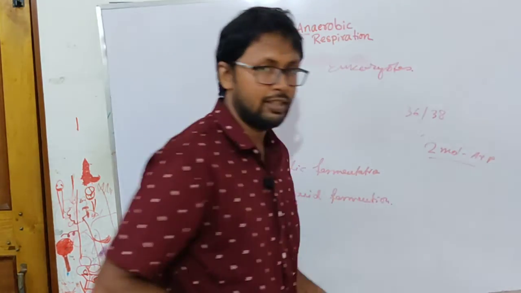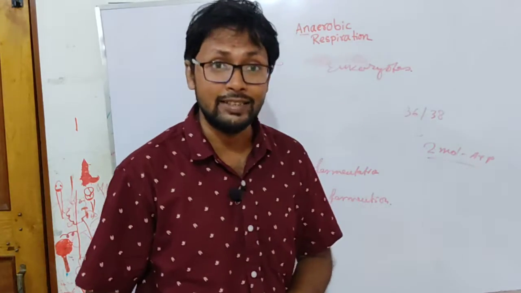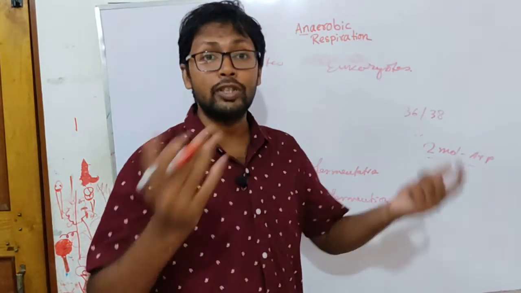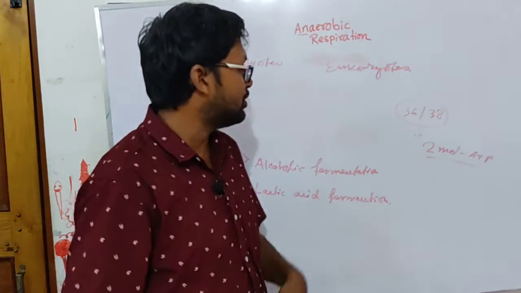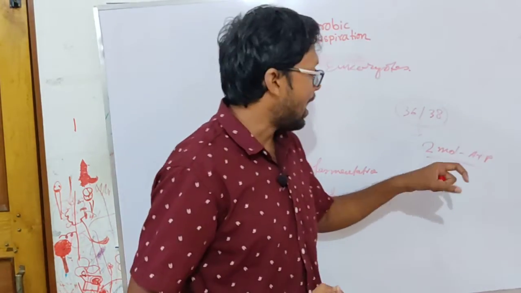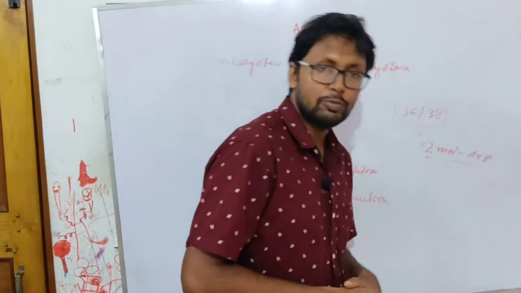So which is hazardous? Glucose you take, produce less energy. Glucose you take, produce huge energy. So aerobic respiration produces huge energy, 38, and anaerobic respiration only 2 molecules of ATP.